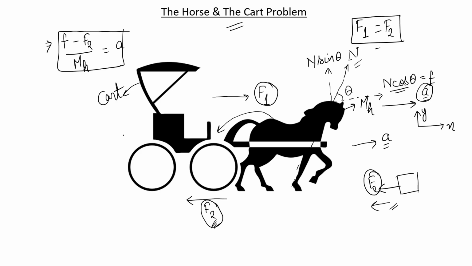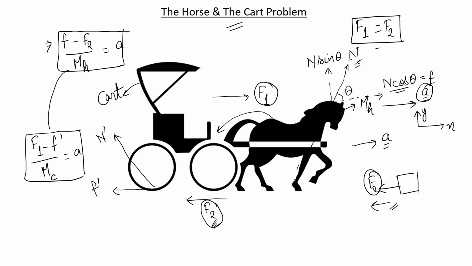Similarly, the cart will also have some force in this direction, say N dash, because what I've already considered is N, so this is N dash, and the component of this N dash in the negative horizontal direction, the negative x direction, is say f dash. Then F1 minus f dash upon the mass of the cart is equal to the acceleration a, and these two accelerations are the same because this whole system is moving ahead with a constant acceleration small a.